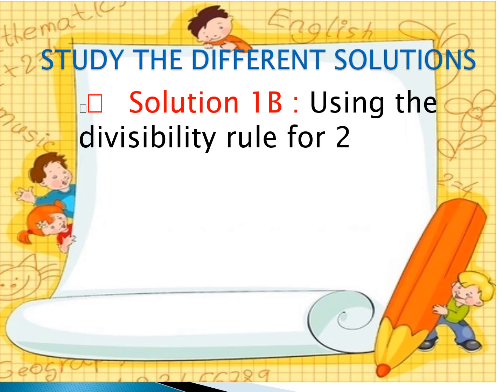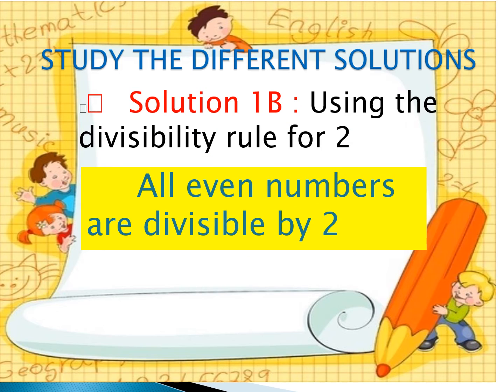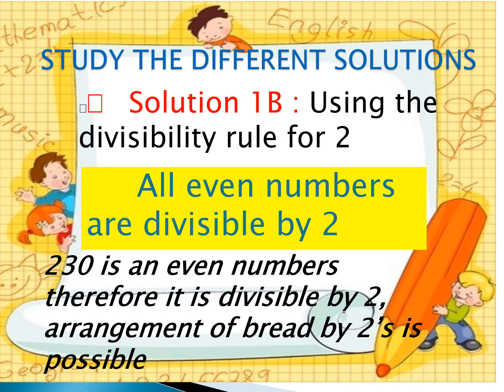Next, in solution 1B, using the divisibility rule for 2, all even numbers are divisible by 2. Ano yung tinatawag na even numbers? Ito yung nagtatapos or ang nasa dulo ay 0, 2, 4, 6, and 8.